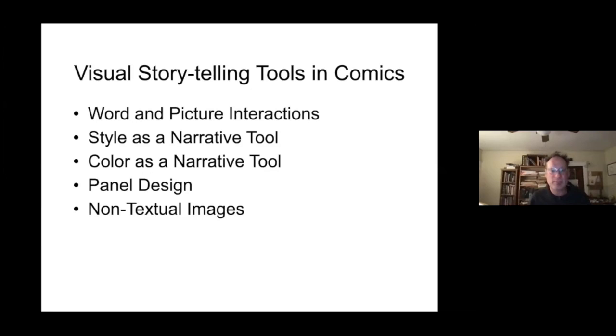Certainly, American Born Chinese uses color and style as a narrative tool. A lot of books play with these, because graphic novelists are so attuned to what the visuals are doing that they like to play with all these different tools.